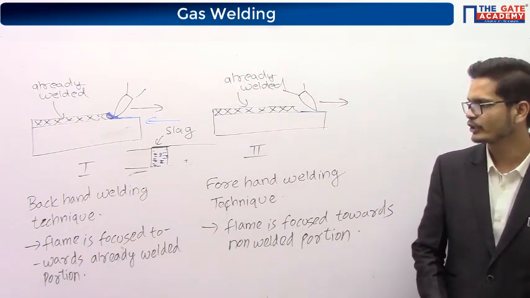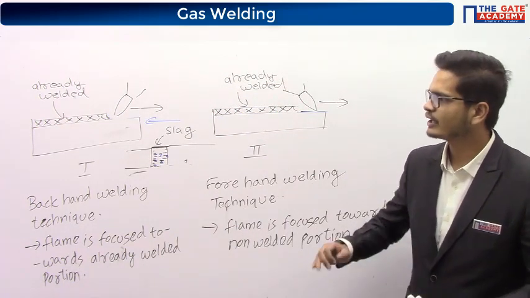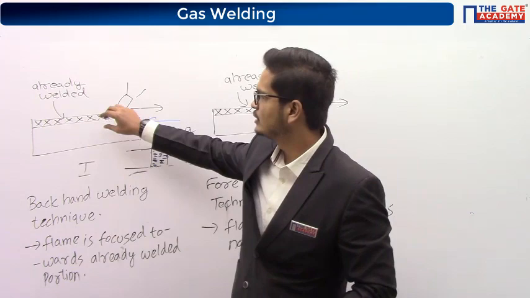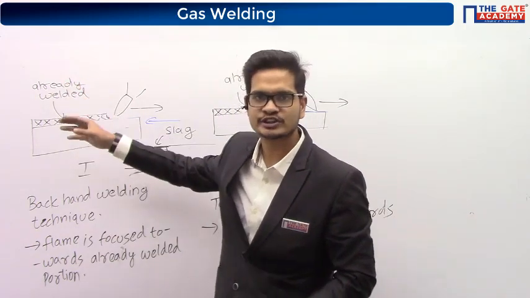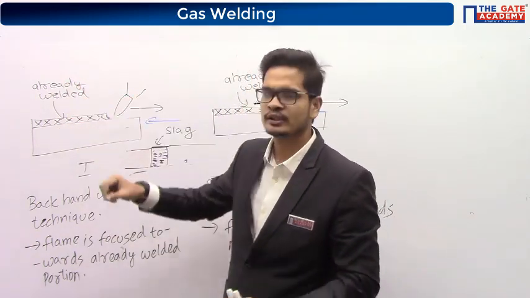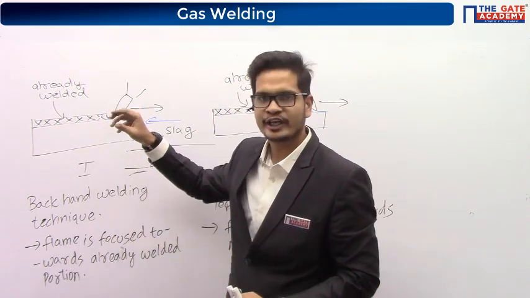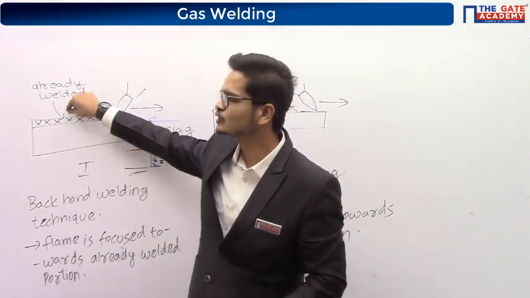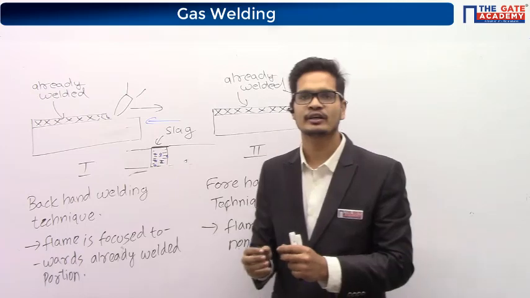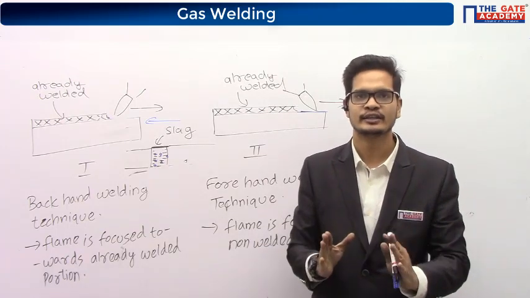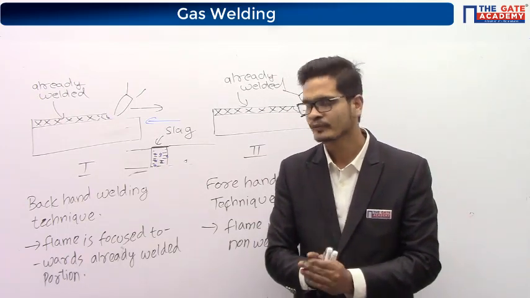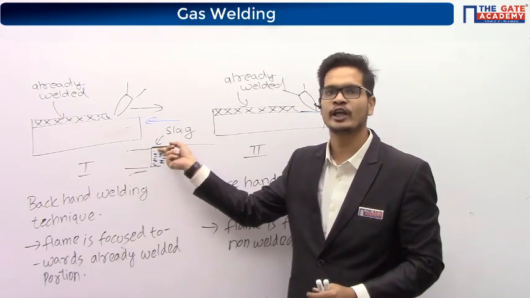Did you understand this point? What I am telling you guys, this is the already welded portion. Over the already welded portion, you will see a thin layer is formed. That thin layer is nothing but a layer of solidified slag. Slag is nothing but a protective layer.